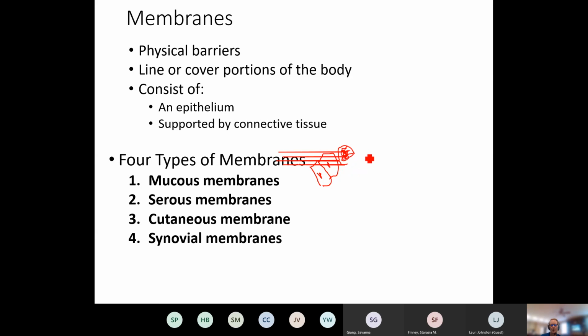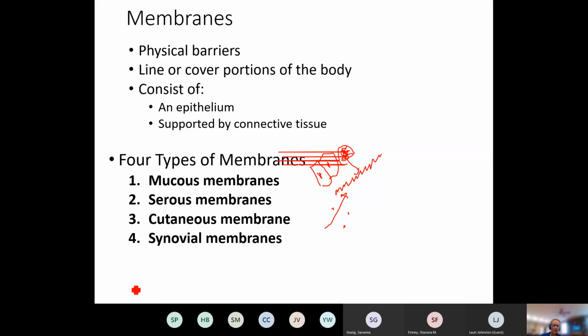The goblet cells are going to secrete the fluid that is more robust than serous fluid, so it's called a mucousy fluid, and that mucousy fluid will sit on top of our simple columnar or our pseudostratified ciliated columnar. And again, for the airways, as the air comes in, little particles in the air will hopefully be trapped in that mucousy fluid, purifying the air and kept in the upper airways, so the air only makes it down to the lungs.